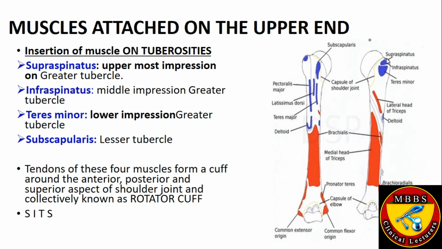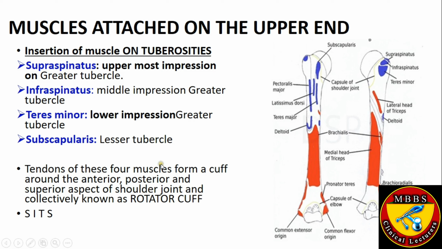Then the infraspinatus is attached on the middle impression on the humerus, the teres minor on the lower impression of the greater tubercle. Whereas the subscapularis is attached on the lesser tubercle.